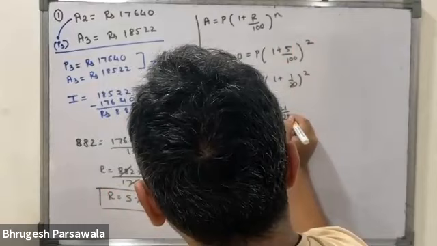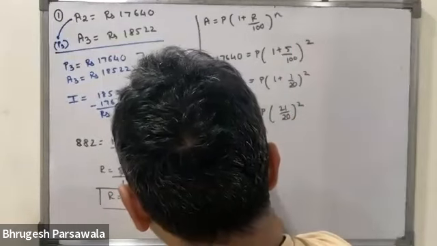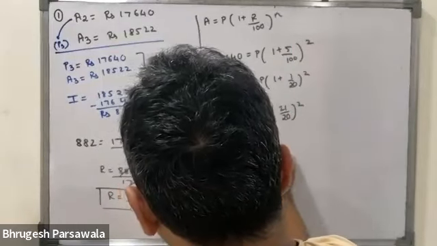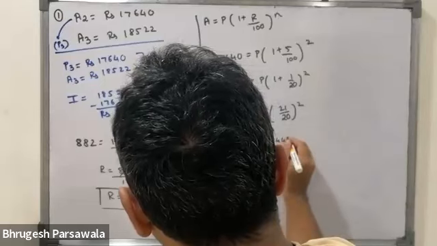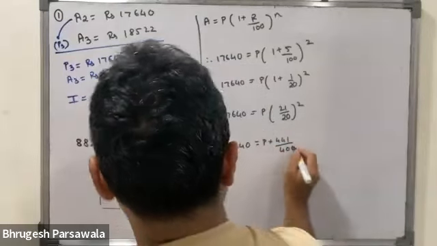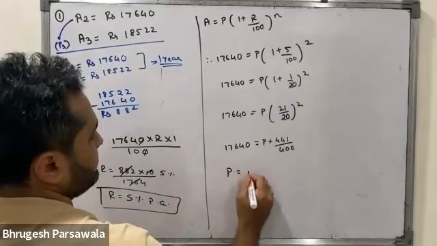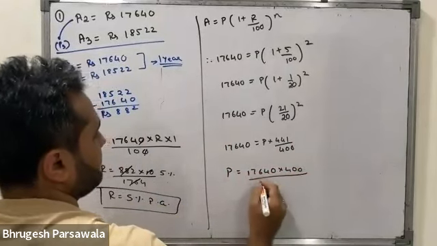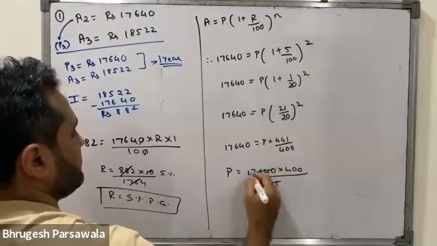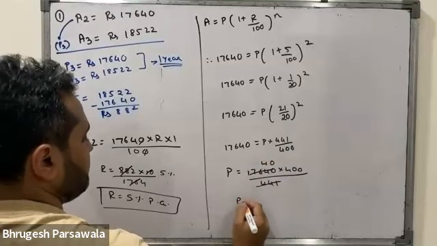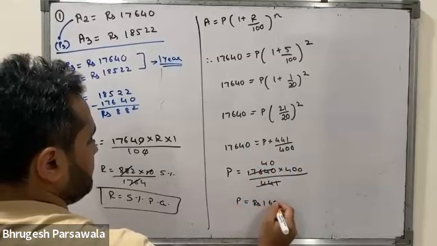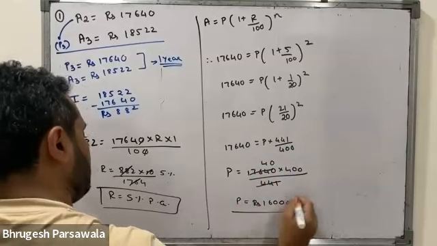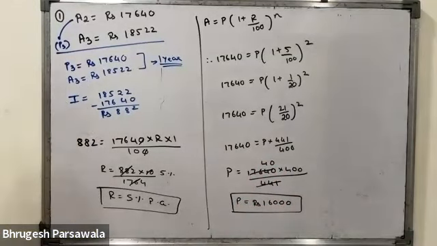Take LCM. So we get original principal 16,000 rupees.